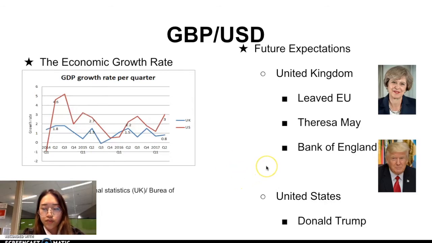After the Bank of England meeting, GBP has been up to 1.32 against USD and is expected to move toward the 1.34 handle. Meanwhile, the dollar has also been affected by the election of Donald Trump. With the poor economic growth in Q1 2017, most people believe that USD would be depreciating in the future.